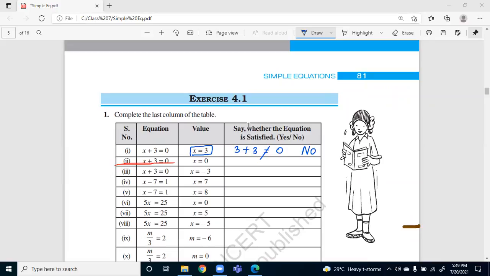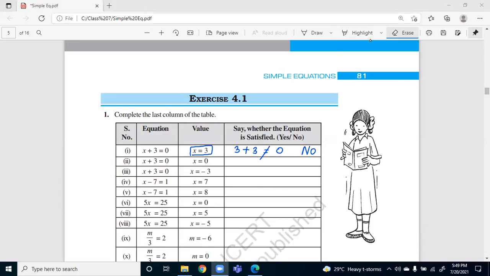You can remove that annotation from my screen. Okay, ma'am, sorry. Ma'am, I have removed it. But it is not removed from my screen. Okay, ma'am. Yeah, it is removed now.